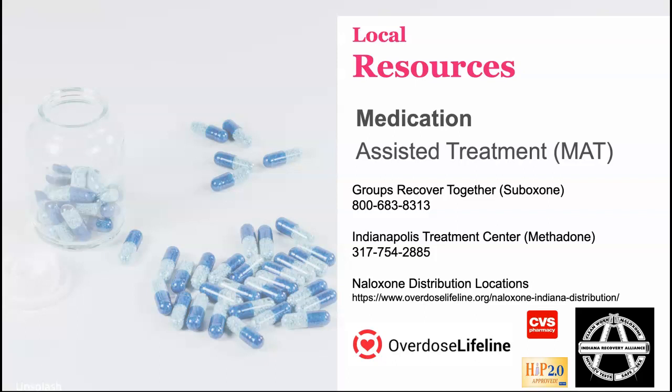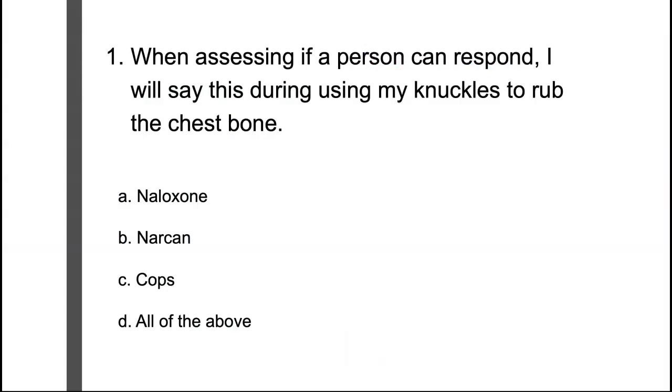Now we're going to take a little test together. When assessing if a person can respond, I will say this while using my knuckles to rub the chest bone. "Hey man, are you okay?"